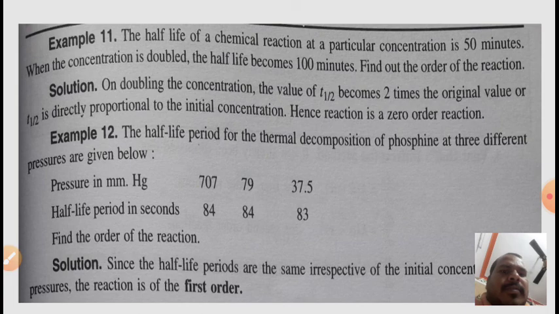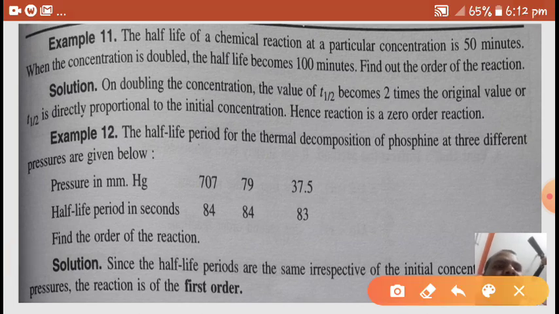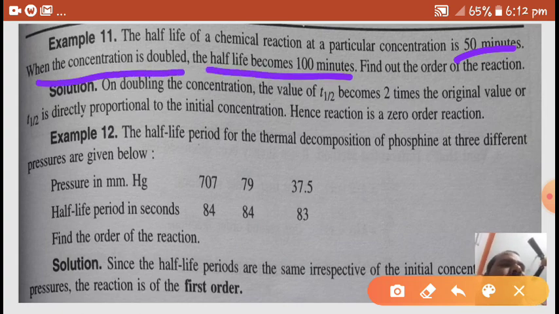Let me take one example. The half life of a chemical reaction at a particular concentration is 50 minutes. When the concentration is doubled, the half life becomes 100 minutes, that means doubled. Find out the order of the reaction.